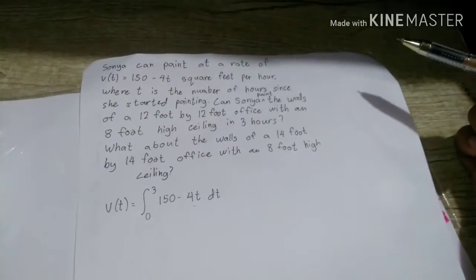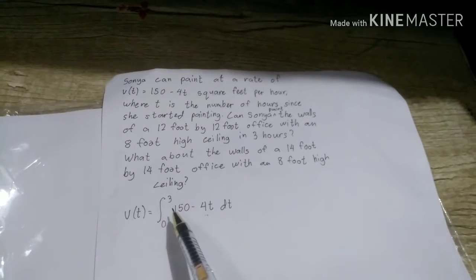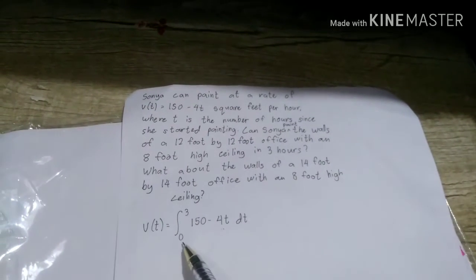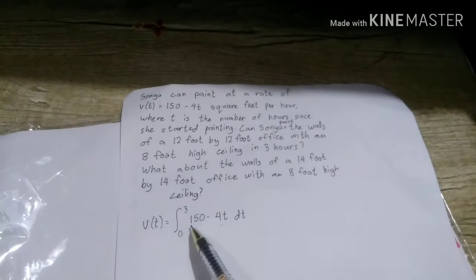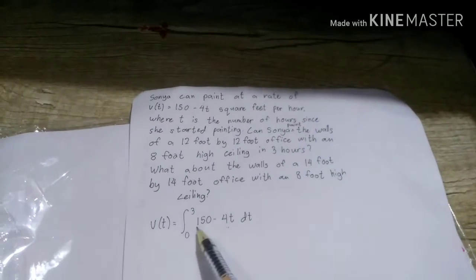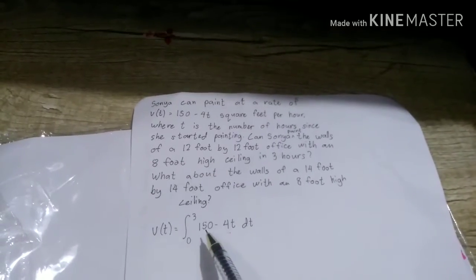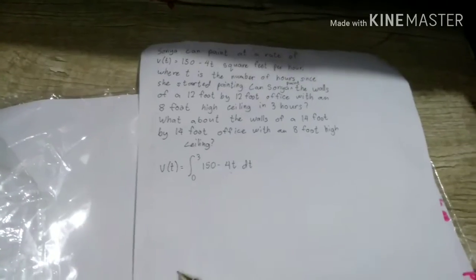So now, we will integrate Sonia's rate from t equals 0 hours to t equals 3 hours. First thing we need to do is to integrate this function, this derivative, and solve for its square feet.